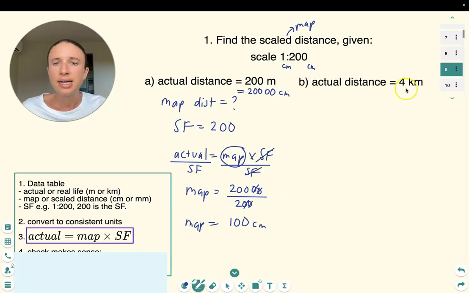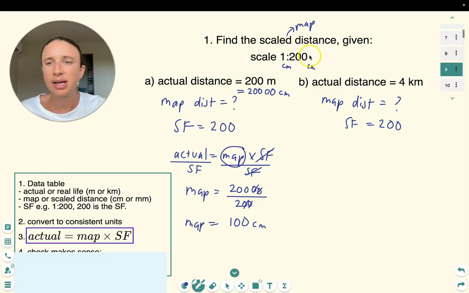All right. Now let's look over here. If the actual distance is 4 kilometers, what is the map distance? So always start with that data table. Start with the data table. We don't know the map distance. We know the scale factor is 200. And then step 2, convert to consistent units. We have centimeters in our scale factor.